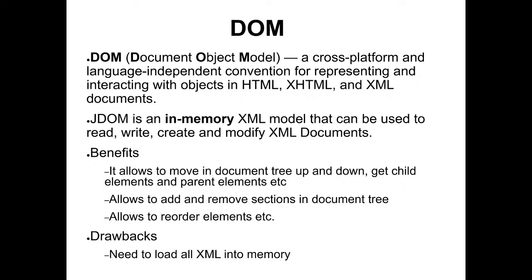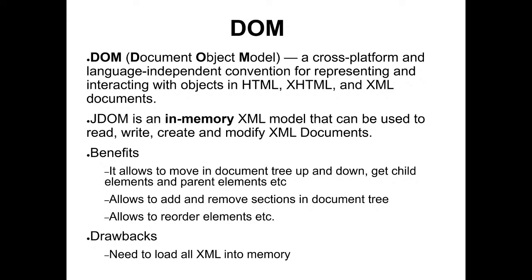We won't go deeper. We'll just use it a bit later when we go to Java coding. And what are the benefits? It allows you to move up and down the document tree and get child and parent elements, kind of the same as for JSON.